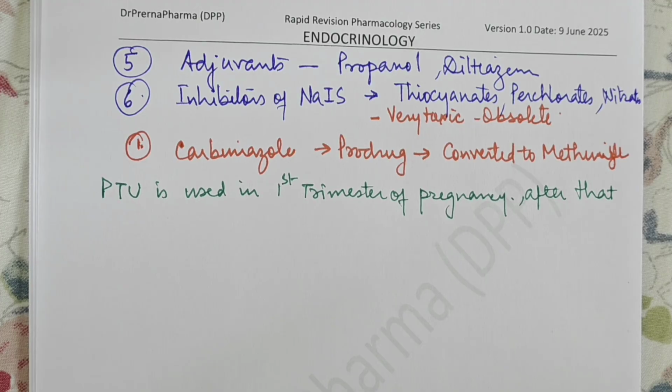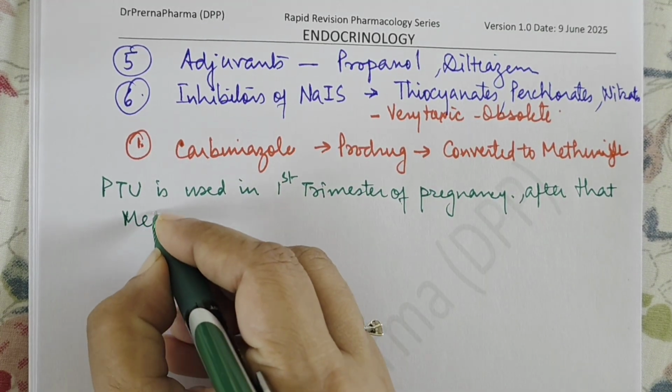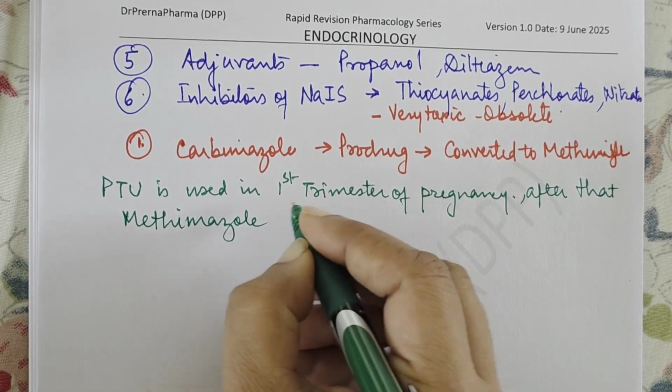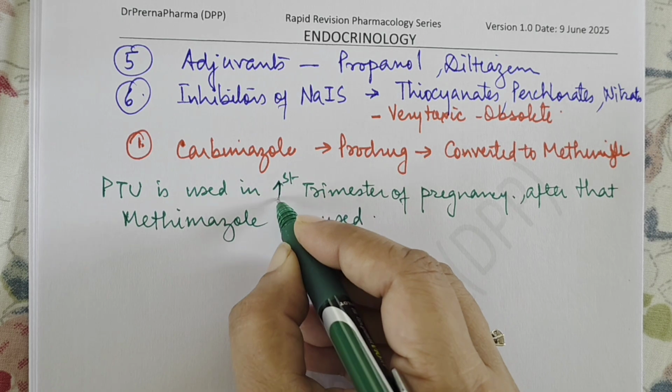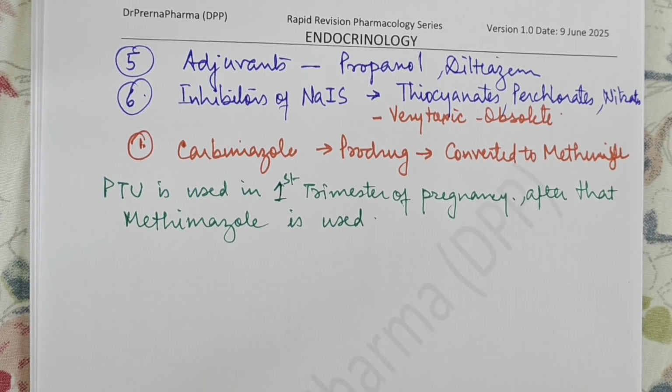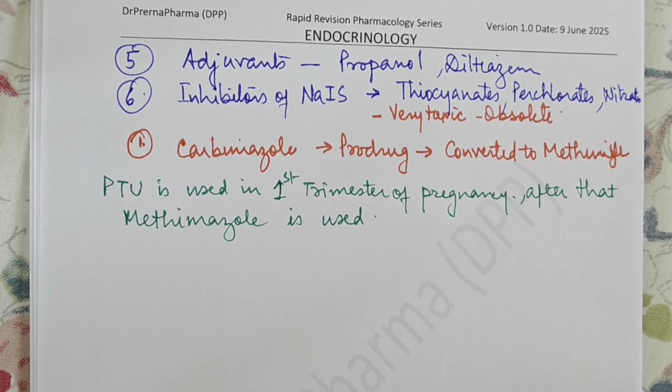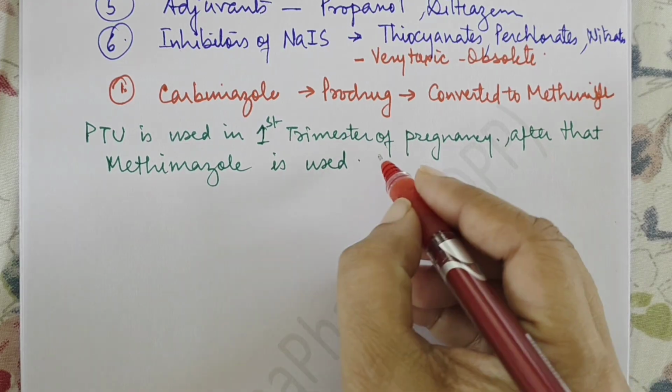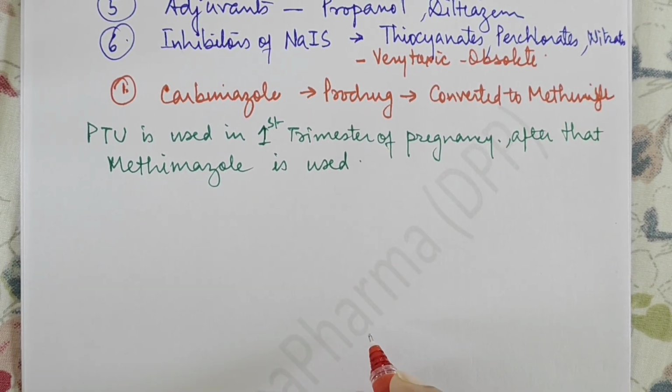After that, the drug which is used is methimazole. Methimazole is used because propylthiouracil does not cross the placenta, and so it is not toxic to the child. But prolonged use of propylthiouracil can result in hepatotoxicity, so we don't use it for a long time.